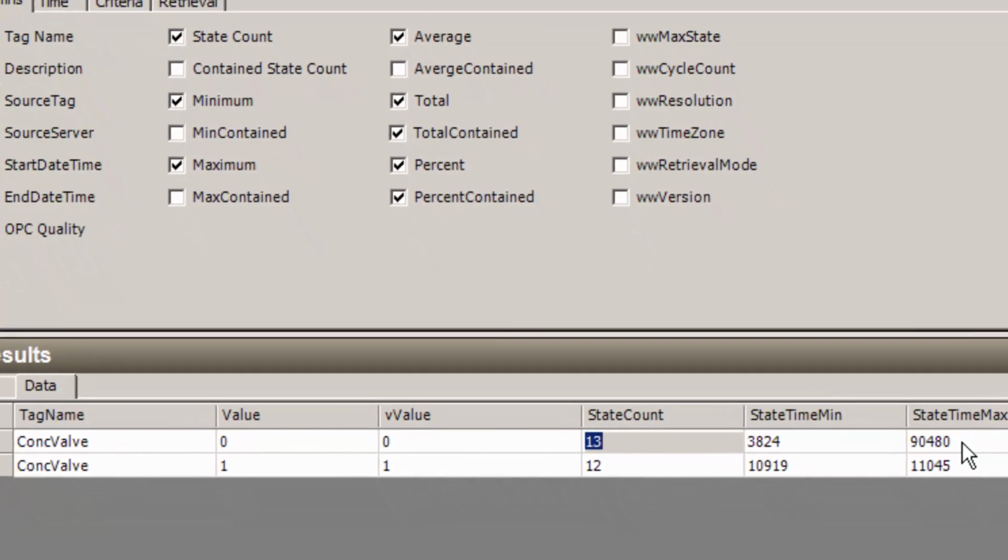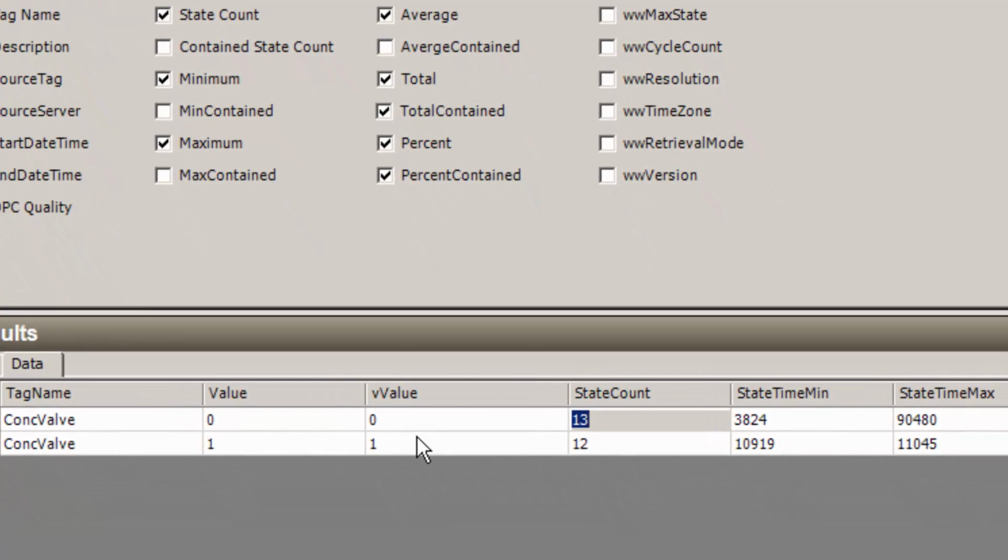If we go down below, we see the 1 showing when the concentrate valve was in a true state, or in an on state, or open. It had cycled 12 times. The minimum amount of time, which is in milliseconds, that it was in an on state was roughly 11 seconds. And the same thing for the max, which is also roughly 11 seconds.